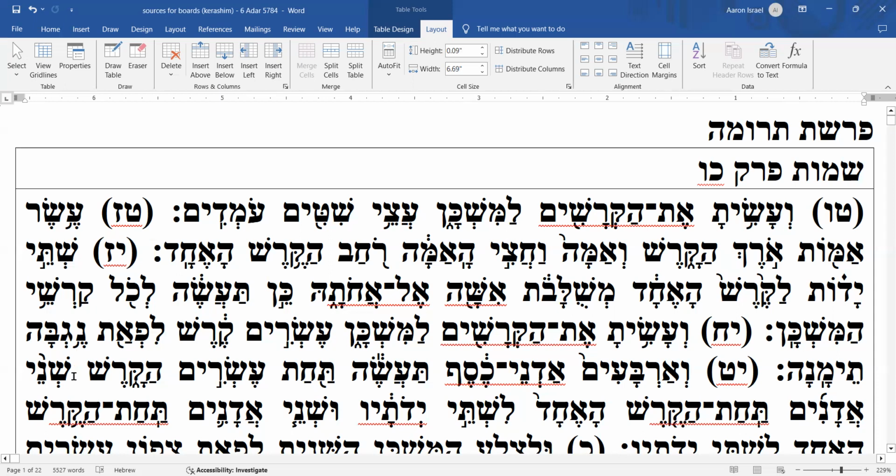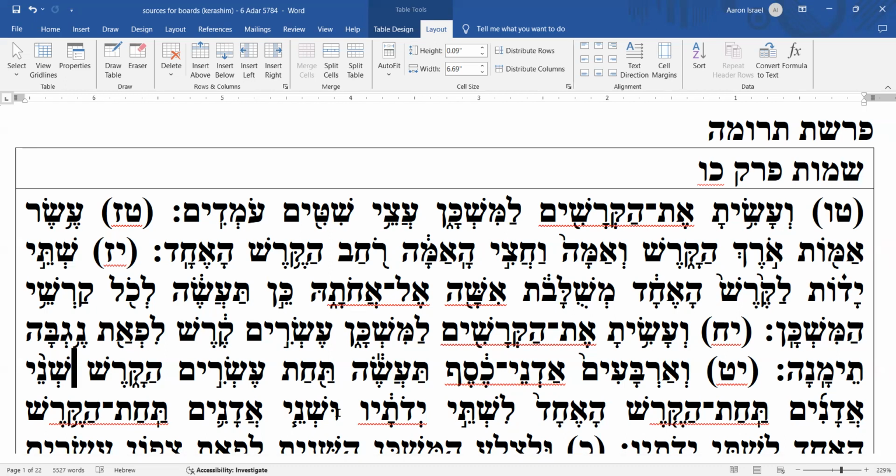There should be 40 Adanim, which are generally translated as sockets or foundation, basis. That there are 40 of those to be made beneath the 20 Kerashim. There are 2 Adanim for each Keresh. So if you've got 20 boards, 40 Adanim, the ratio is 2 to 1.